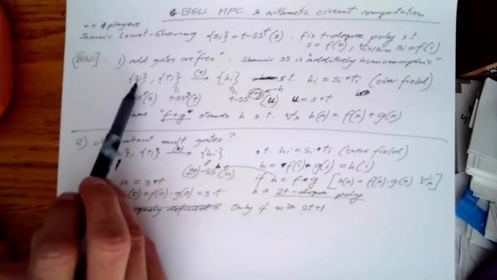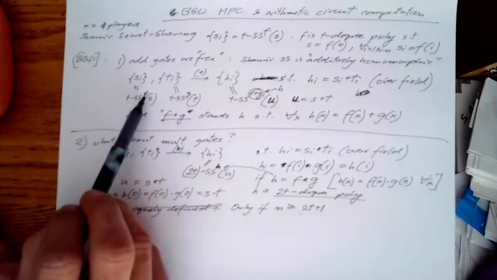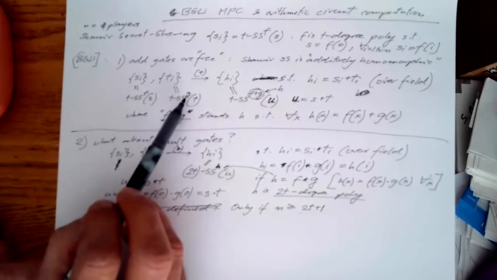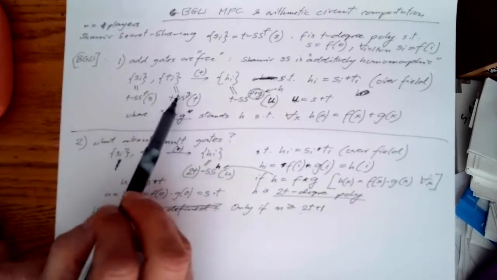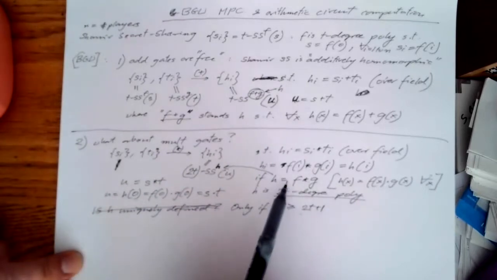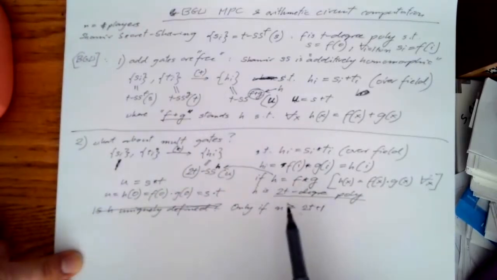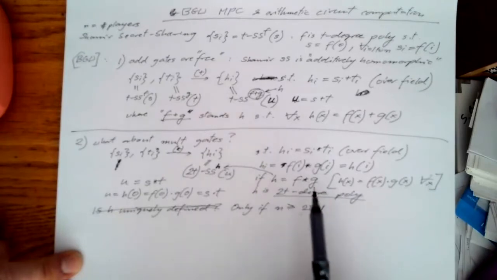Therefore, if these players got together and reconstructed f and g, then they could publicly reconstruct the product h. So h is defined even if you have just t plus 1 players.